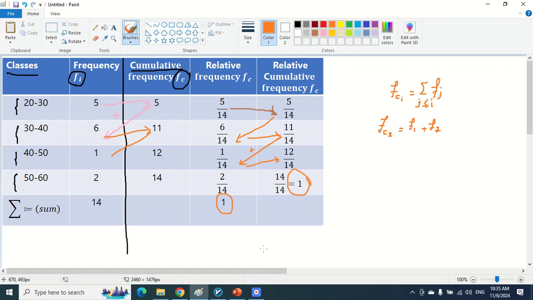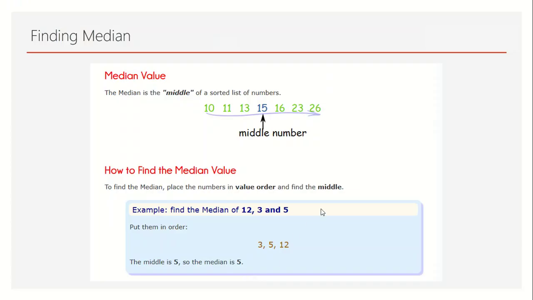Let us take a look at the median of the given raw data, and also the cases where we have a frequency table. So here we go. How can we find the median value? First of all, when the data are given, we sort them from the smallest number to the biggest one.